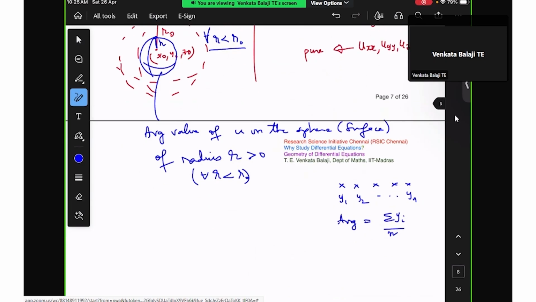Now this is something very discrete. Let me make it continuous. I take a closed interval a, b on the real line, and I take some function y equal to f of x. Now what is the average value of the function on the interval?